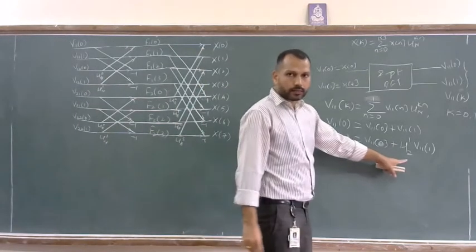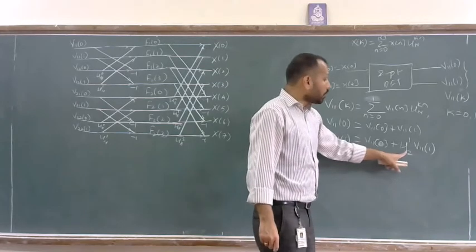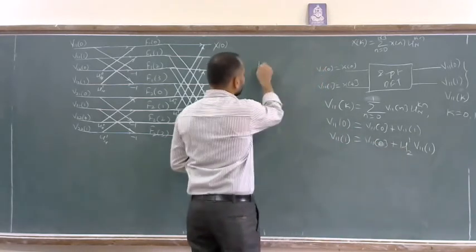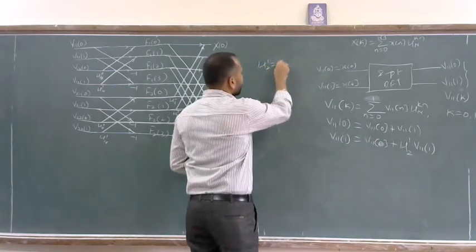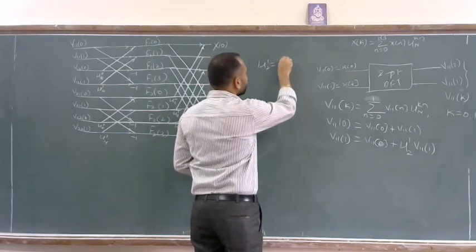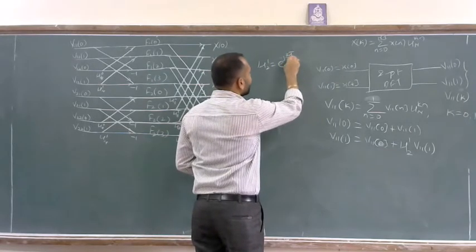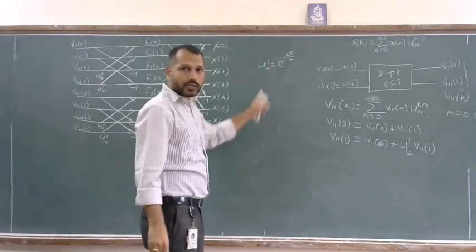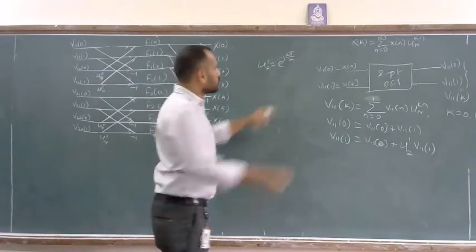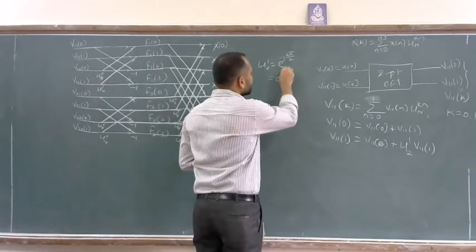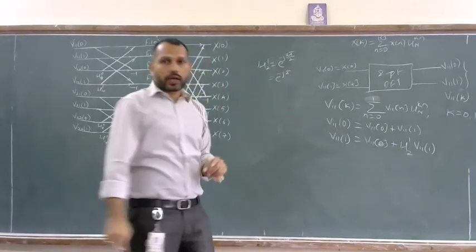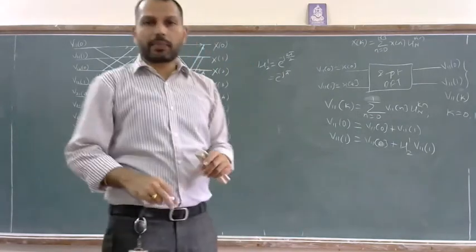But what is W2 to the power 1? It can be represented as e to the power minus j 2 pi divided by 2, because capital N is 2 here. So this will be e to the power minus j pi. And what is the value of e to the power minus j pi?